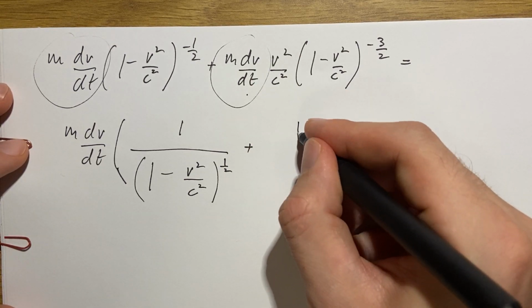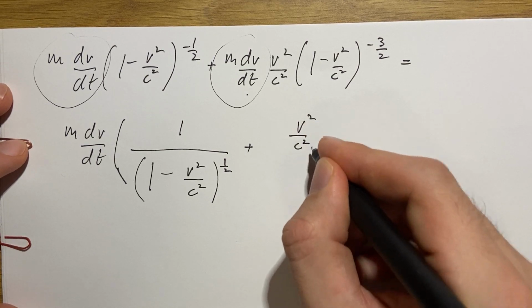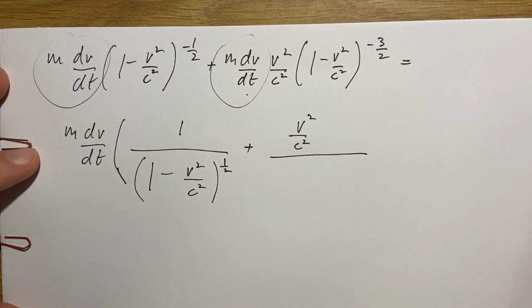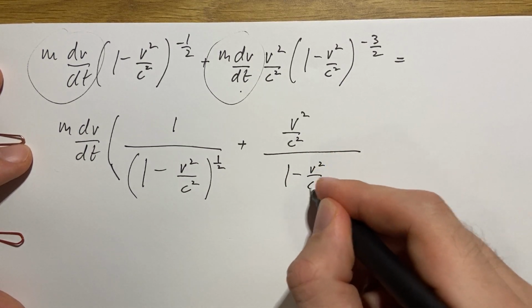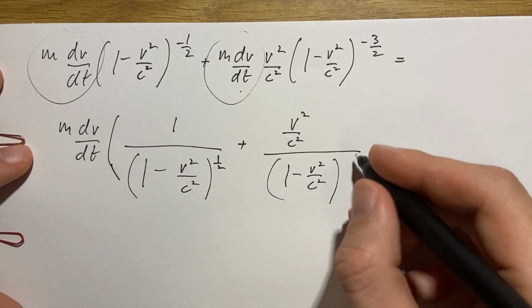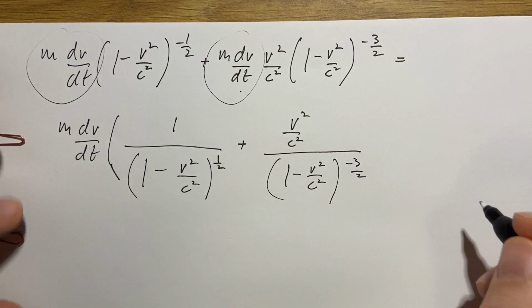So this would then end up being v squared over c squared divided by (1 minus v squared over c squared) to the power of 3/2.